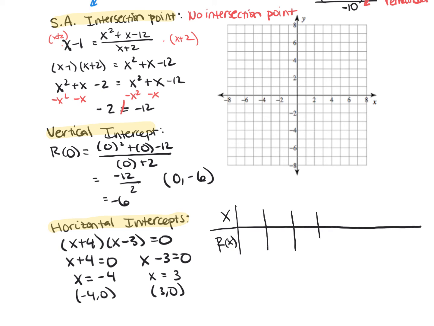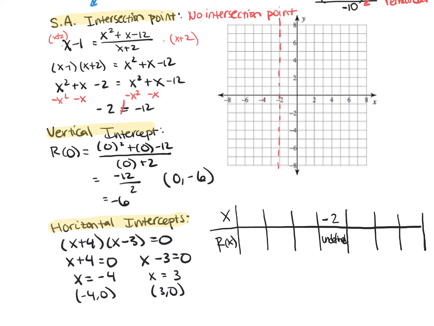So we'll have 1, 2, 3, our vertical asymptote at negative 2, and then 1, 2, 3, perfect. Okay, so let's see, we're going to make sure that we have our vertical asymptote here that is undefined at negative 2. We might as well mark that in right now. X is equal to negative 2, perfect.